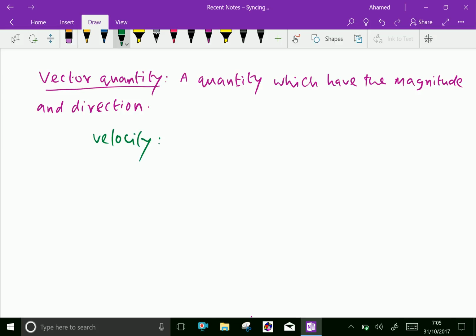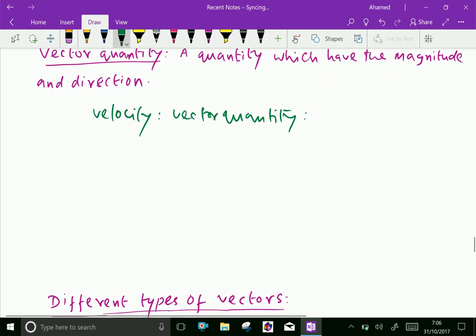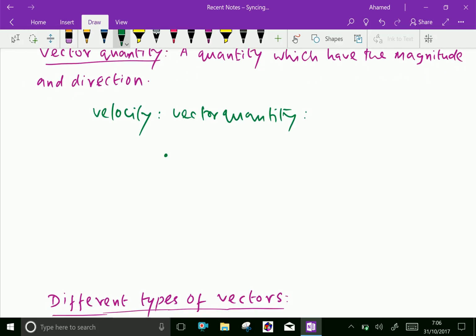Velocity is a vector quantity, which means the speed of an object is given, say 60 kilometer per hour, but velocity also tells which direction it moves. Suppose consider a car.